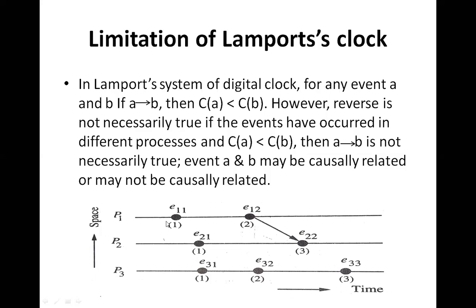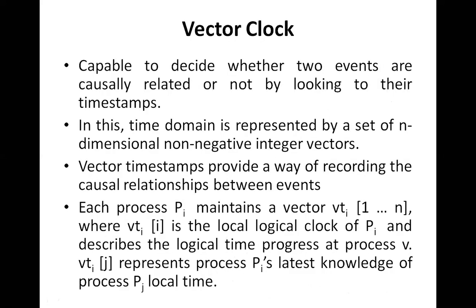So in Lamport's clock, using the timestamp assigned by the clock, we cannot reason about the causal relationship between two events occurring in different processes by just looking at their timestamps. That is why we need another clock, and that clock is the vector clock.